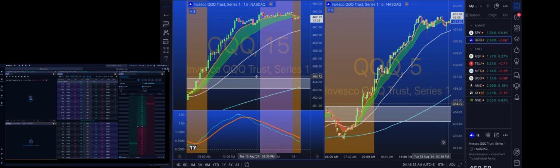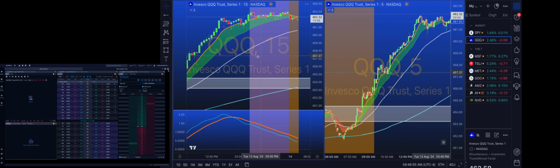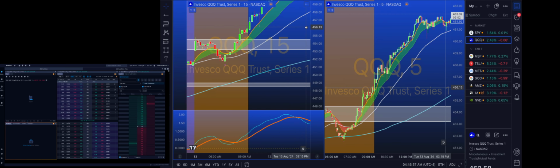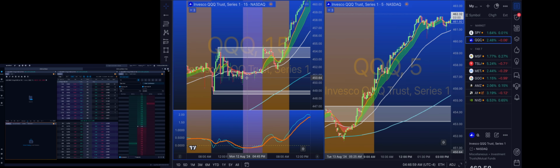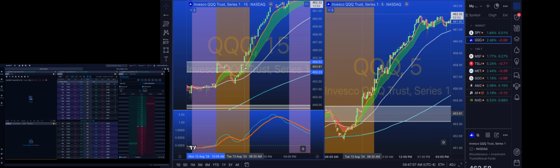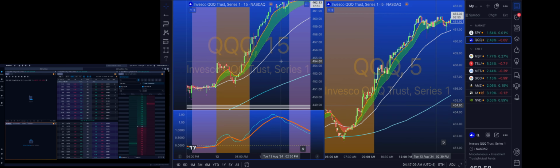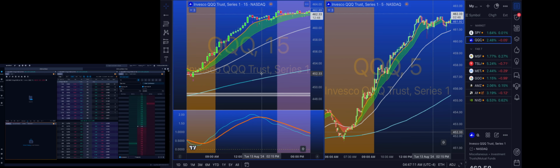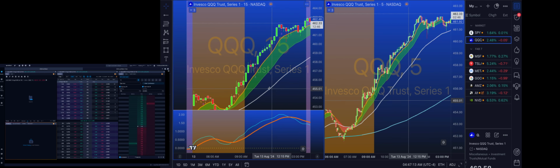Let's see what we have on the Qs. The Qs is pretty much the same thing. We had an area yesterday that it broke above, and it kept going, and that's what we like to see. So this area, it broke pre-market and it did its thing. So now let's go back down. Let's see what we have here.